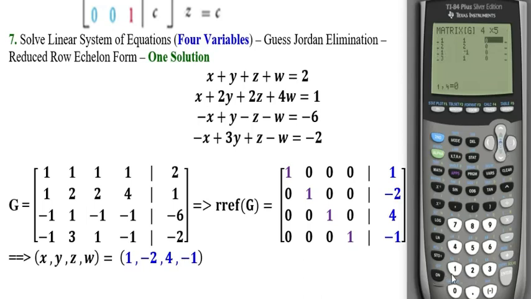For w we have 1, 4, minus 1, minus 1. Augmented with 2, 1, minus 6, minus 2.